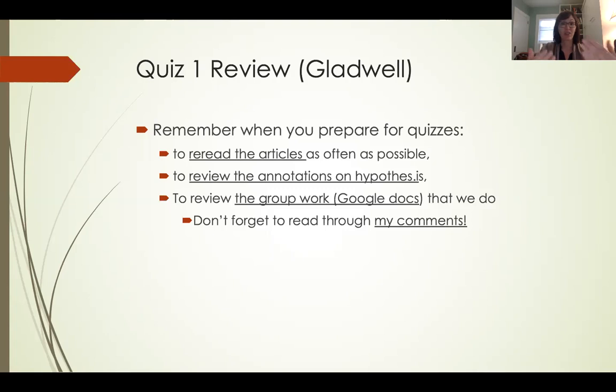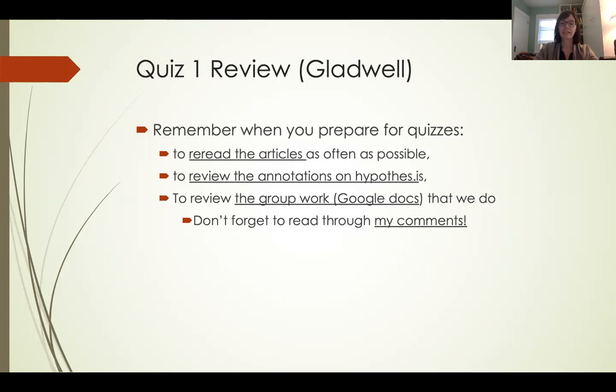On a second reading, about 30%, right? So, you're going to need to read multiple times in order to get closer and closer to understanding the article as deeply and complexly as possible. Okay, and then another strategy, reviewing the annotations on hypothesis that we do, and also for our purposes here with Gladwell, reviewing the annotations that we're going to take a look at during this video.